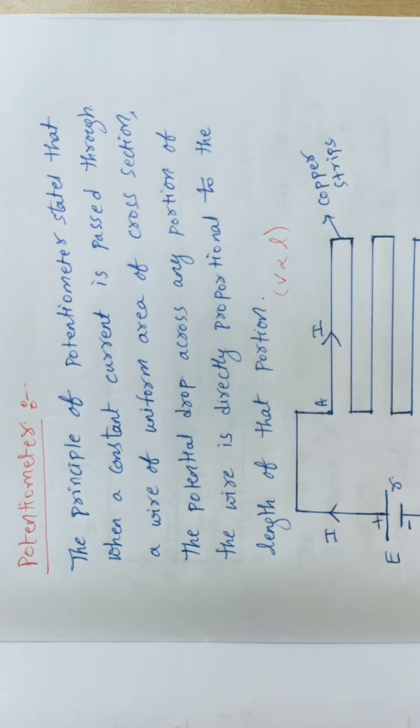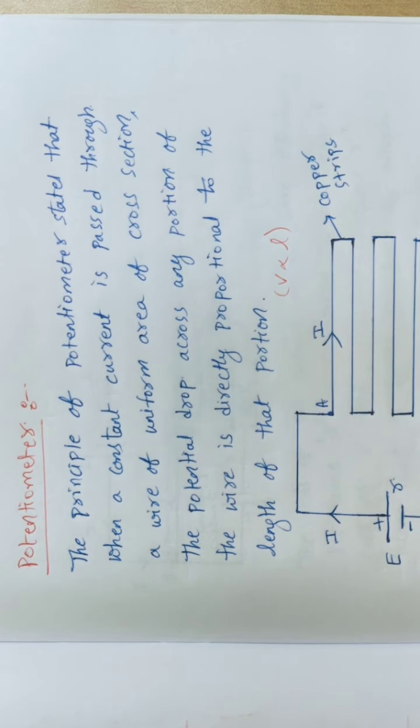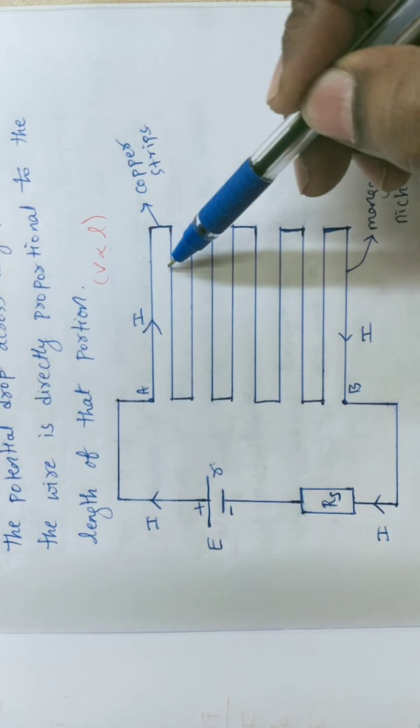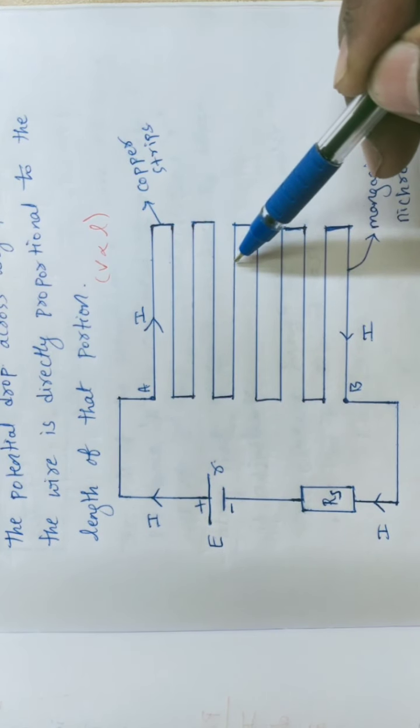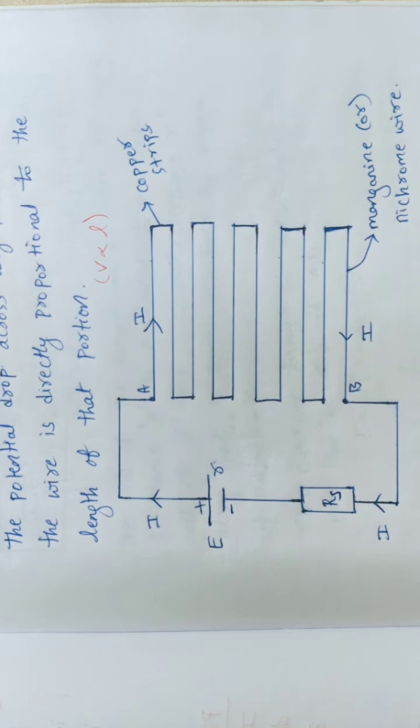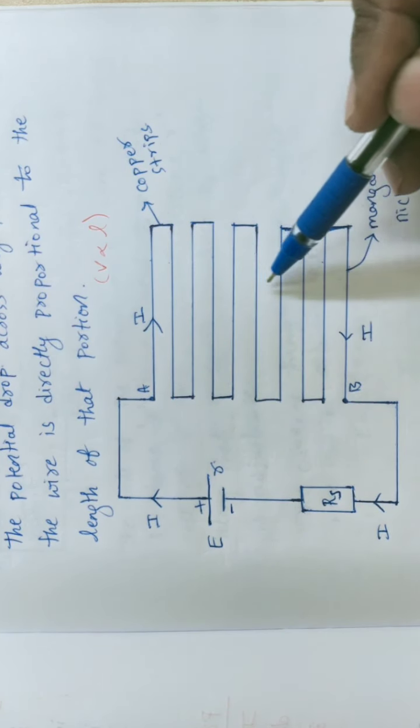Actually this potentiometer arrangement is completely placed on a wooden board. A rough diagram I am explaining here about this potentiometer. See students, here I am representing one diagram. In this diagram observe carefully, here 1 2 3 4 5 6 7 8 9 10, I have represented 10 lines.